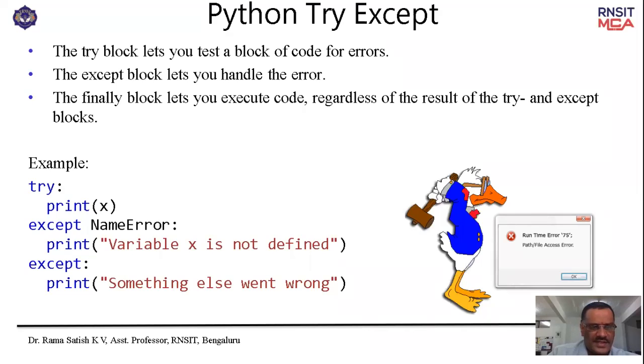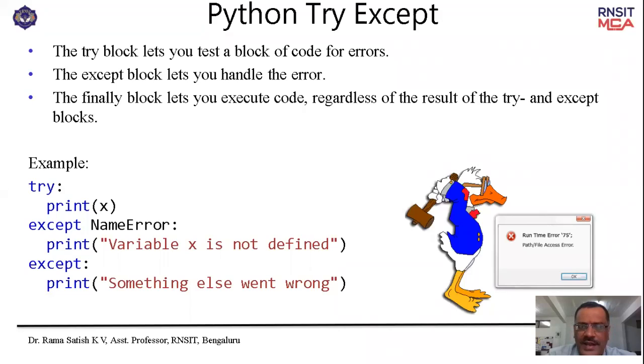We have one such example: try print x, we are trying to print x. In case x is defined here, somebody tell, does x have some value in this example? x is not having any value. Since x is not having any value, what happens?